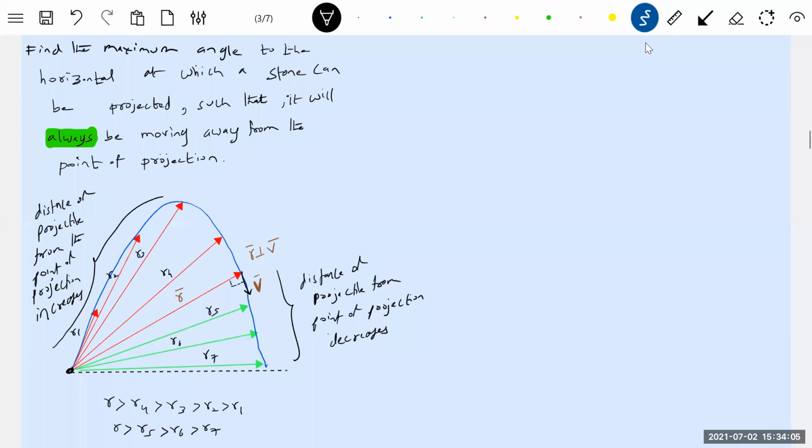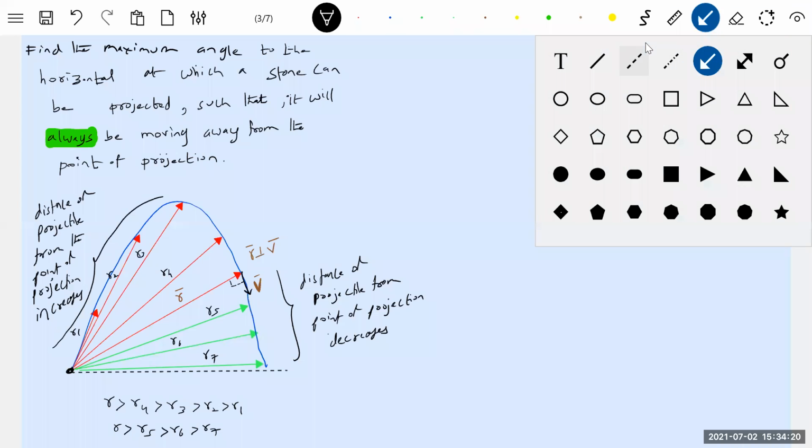So what's happening? The shell initially increasing, becomes maximum, then decreases. So I don't want this part. I don't want this part means it should always move away. So what angle I should project here? Sir, how it is possible, how you can throw it? Just I think I'll show another diagram.